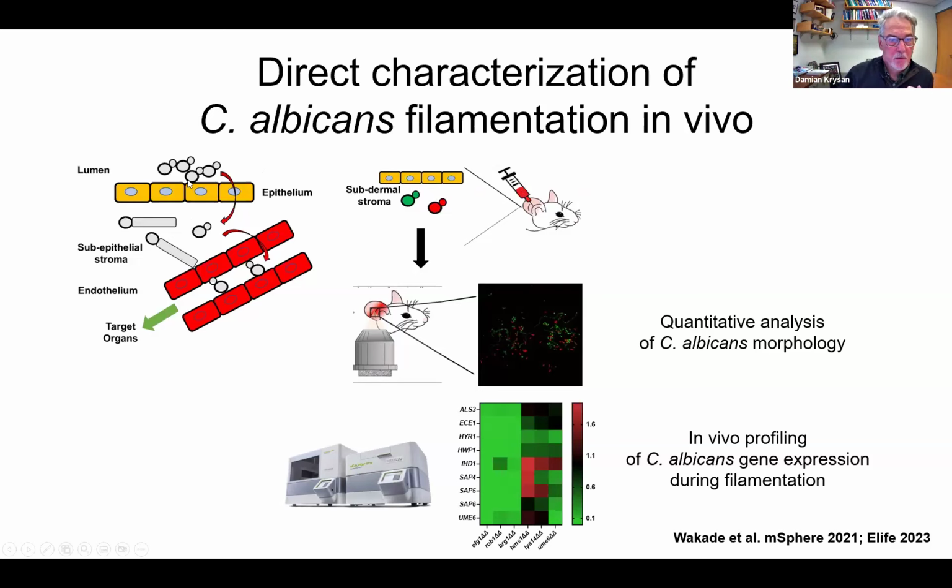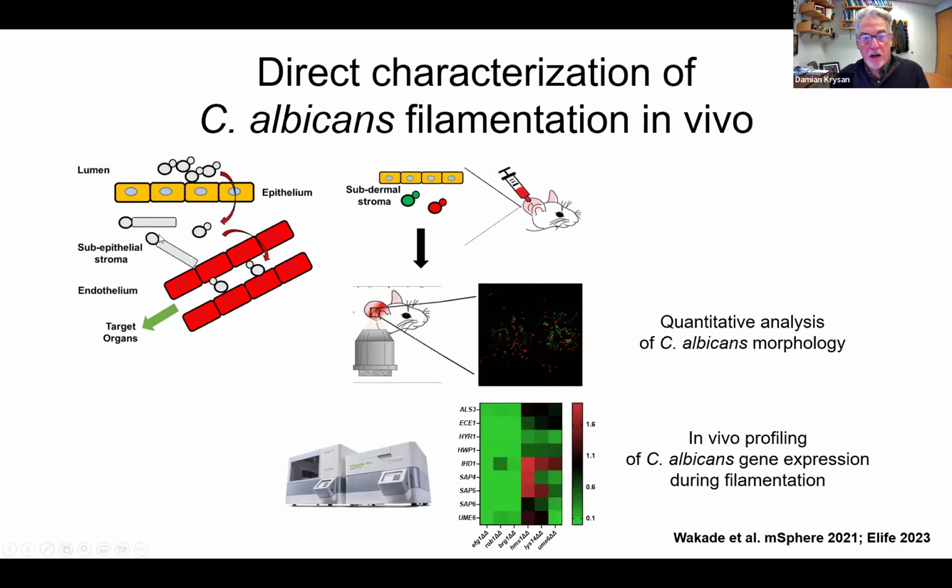Now, Candida is a colonizer of mainly oral and GI mucosa, which is another type of epithelium. But when it undergoes translocation as part of the initial steps of disease formation, it transitions through this epithelium into a subepithelial stroma.